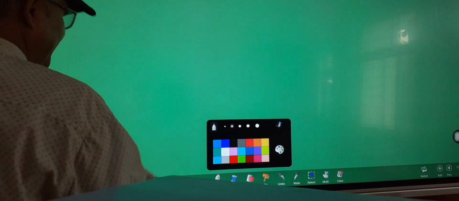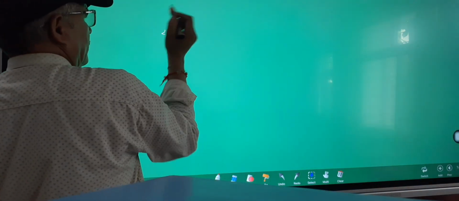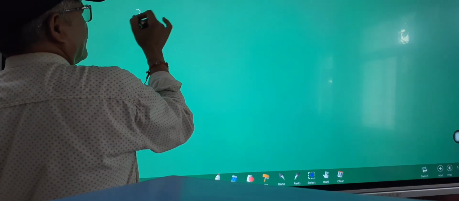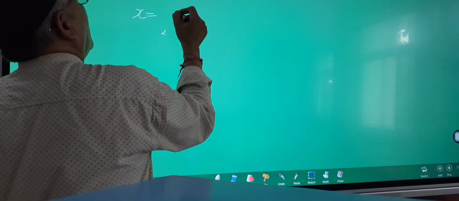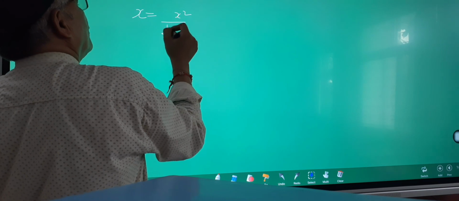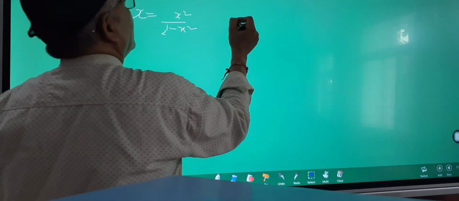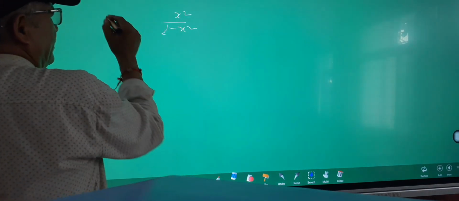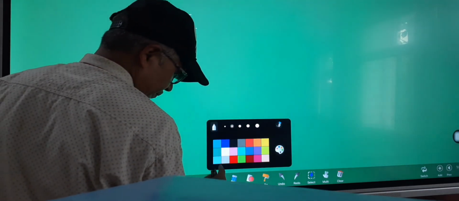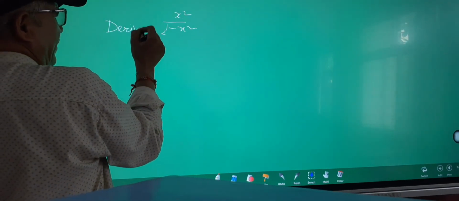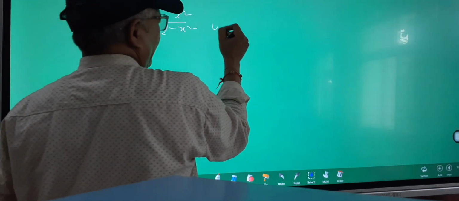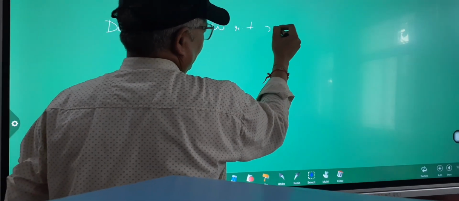Okay. Next function is written as let x equal to x square upon 1 minus x square with respect to not x actually. Question is, derivate this with respect to x square.